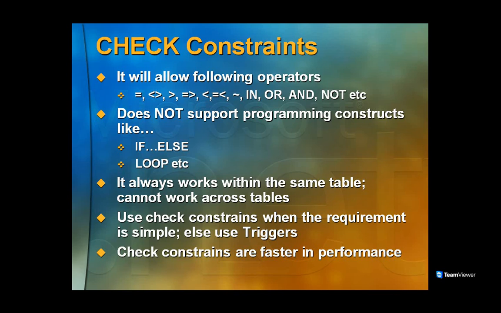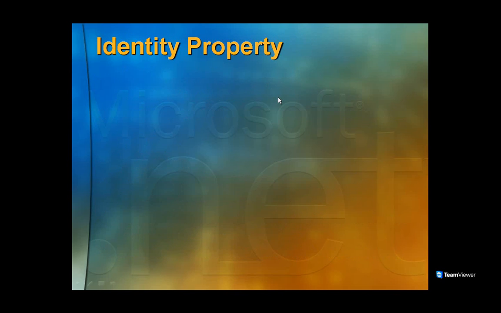But use triggers for complex requirements and check constraints for simple requirements. Check constraints are always faster because they do not allow heavy programming, only very small operators like this.